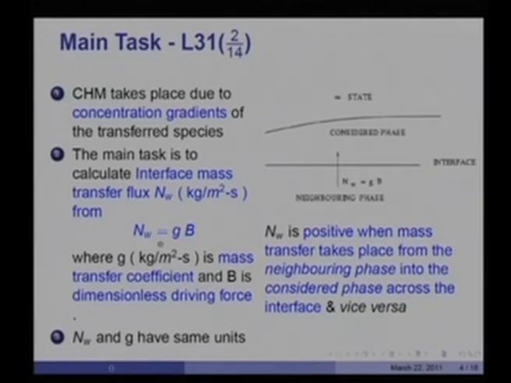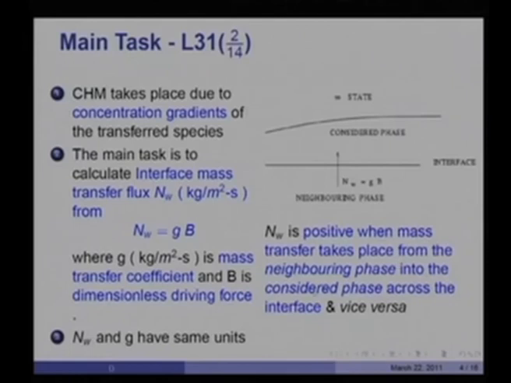So, unlike in heat transfer where heat flux is related to a temperature difference and the heat transfer coefficient has units different from the heat flux, in mass transfer the mass transfer flux and the mass transfer coefficient both have the same units because the driving force is dimensionless.